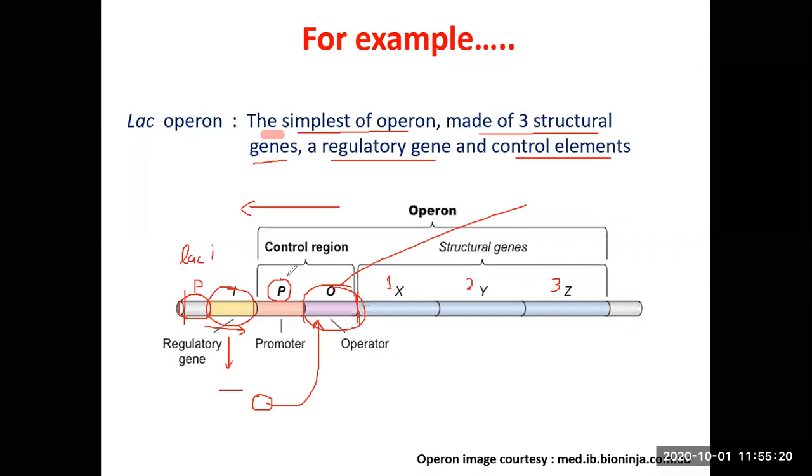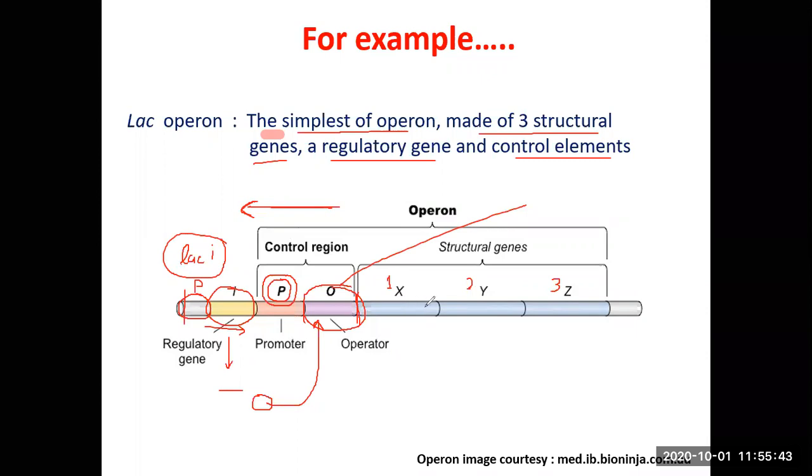Promoter is the site where RNA polymerase binds, and these are the structural genes. The point to be noted is that generally the control elements and the regulatory gene are located upstream of the structural genes.